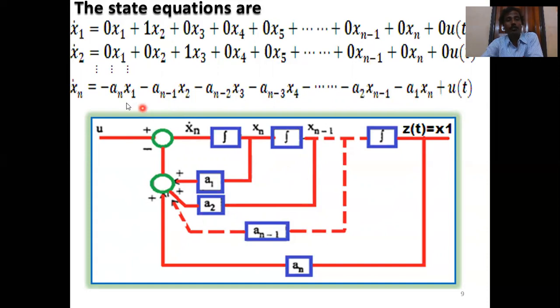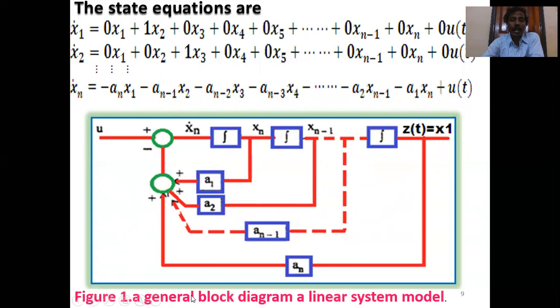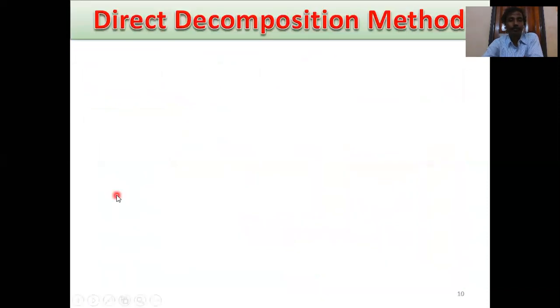So xn dot equals minus an x1, minus an minus 1 x2, minus an minus 2 x3, minus an minus 3 x4, dot dot dot, minus a2 xn minus 1, minus a1 xn, plus u of t. This is the state diagram, the general block diagram of a linear system model.